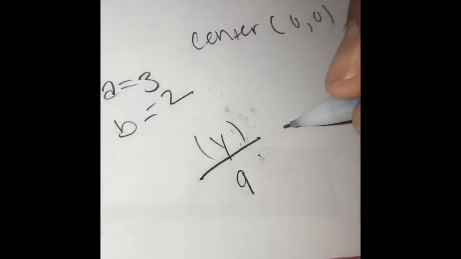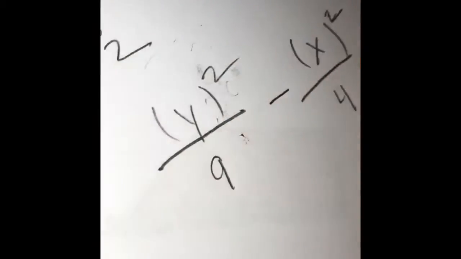Over a squared, which would be 9, minus x, again the center is 0, so just put x, squared, over b squared, which would be 4, equals 1. Oh, I forgot the squared. Now that is the equation for this.